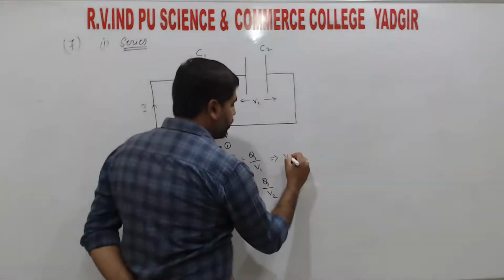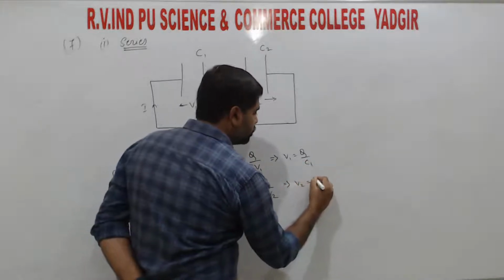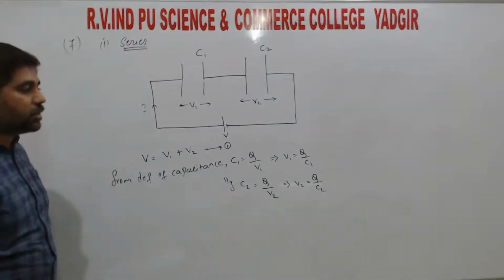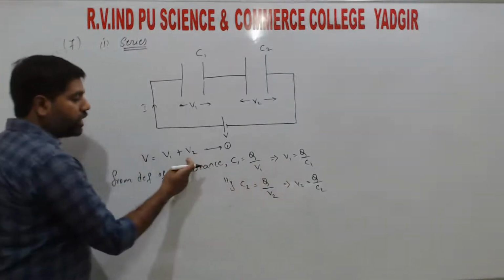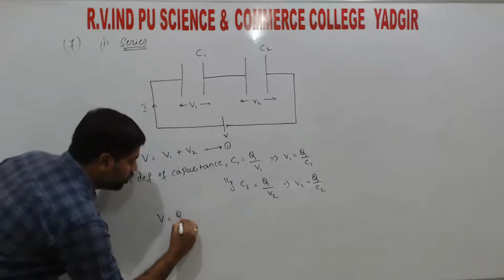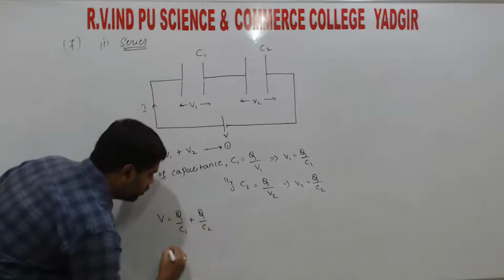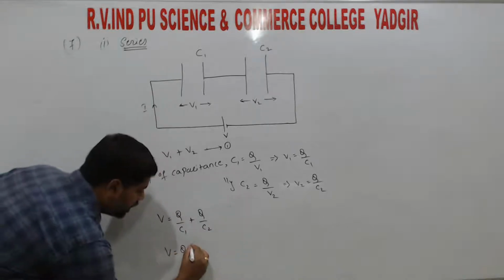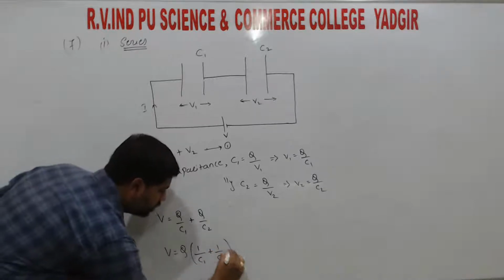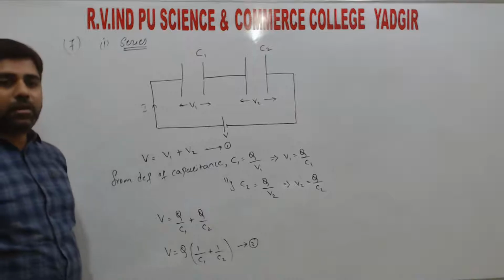We can write V1 equals Q divided by C1 and V2 equals Q divided by C2. Substituting the values of V1 and V2 in equation 1 gives V equals Q divided by C1 plus Q divided by C2, right? Taking Q common, we can write V equals Q times (1 by C1 plus 1 by C2). Calling this the second equation, right?